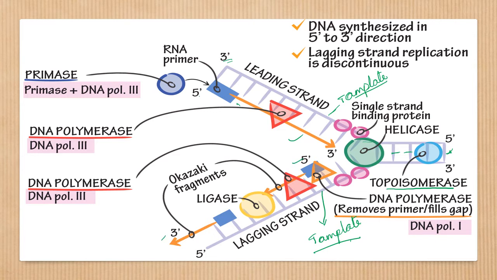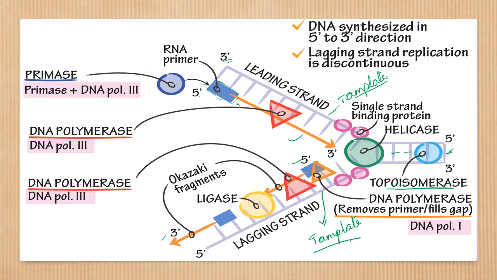So formation of new DNA is always in the 5 to 3 direction on the 3 to 5 strand. Now, what is required? RNA primer, primase. First, on this old strand, a small segment of RNA primer is required.